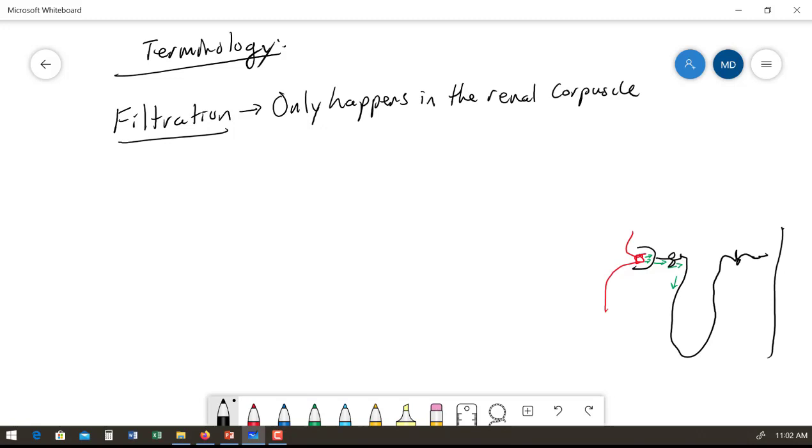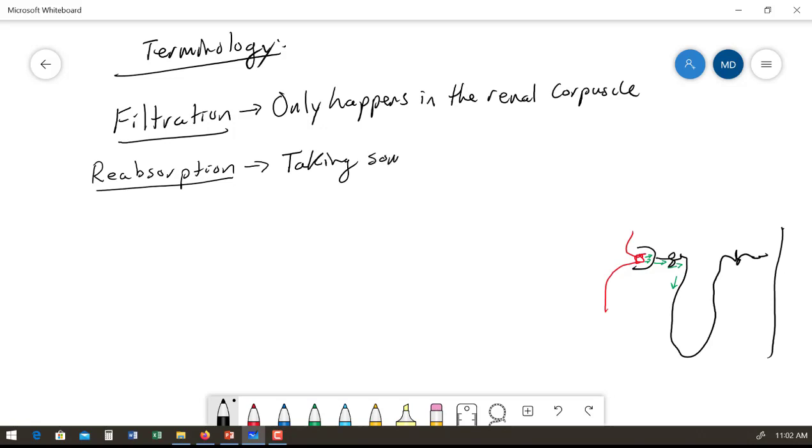Second term that's also very important is called reabsorption. Reabsorption is when we take something that's in the filtrate and put it back into the blood.